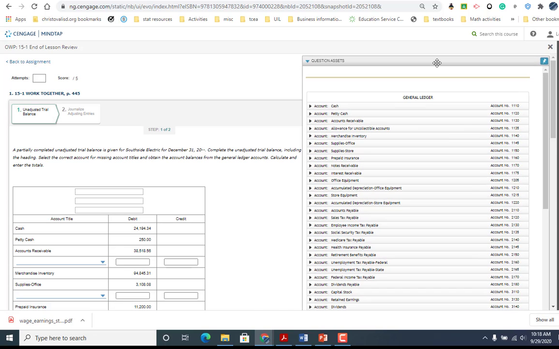First off, we're going to start with identifying the sheet. And so this is Southside Electric for December 31st of current year, which is what the dash is. And so Southside Electric.